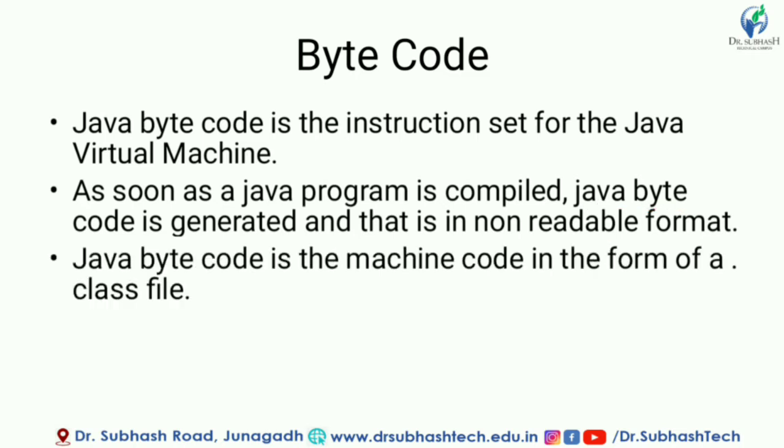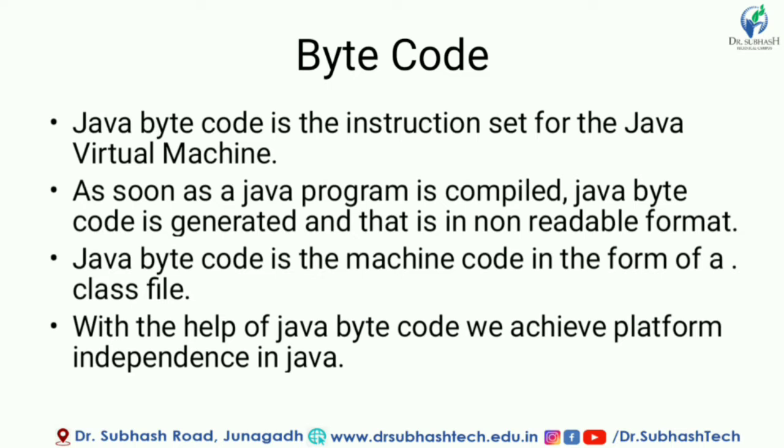Moreover, Java bytecode is the machine code in the form of a .class file. We can say the bytecode is nothing but a .class file, which is in non-readable format and which can be thought of as machine code. With the help of the Java bytecode, we can achieve platform independence in Java, right?